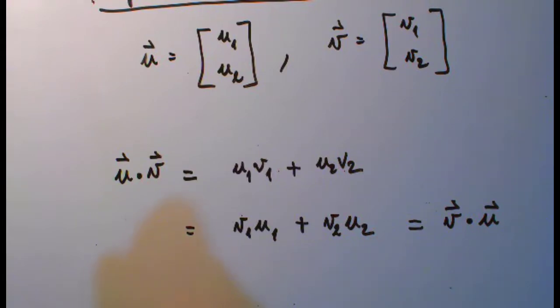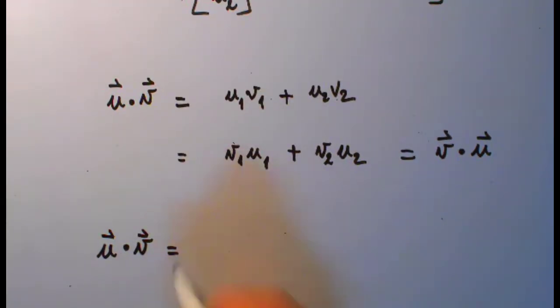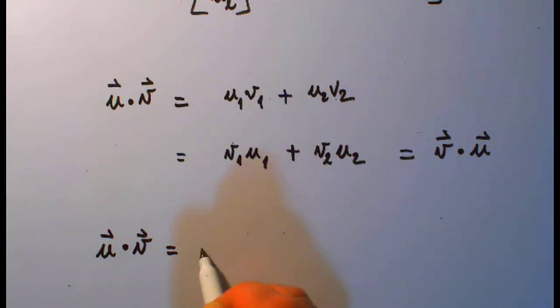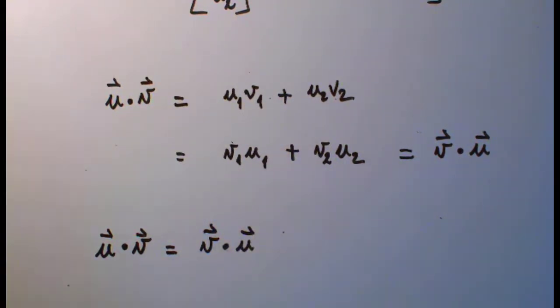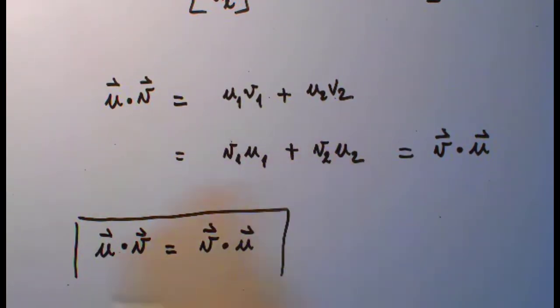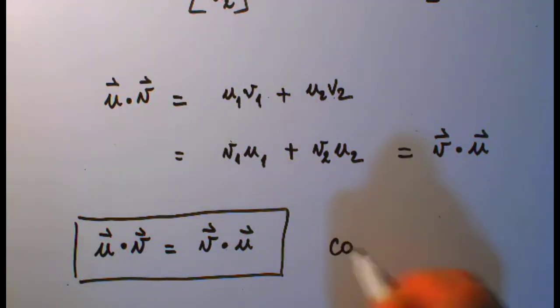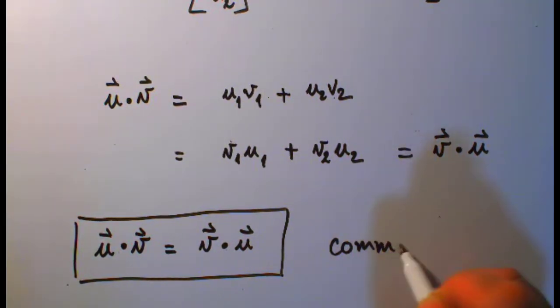So the first property we recognize: u dot v is going to be the same as v dot u. And so now we can legally say that anytime you take a dot product, you can twist the order around and it's going to give the same result. So this property here is commutative.